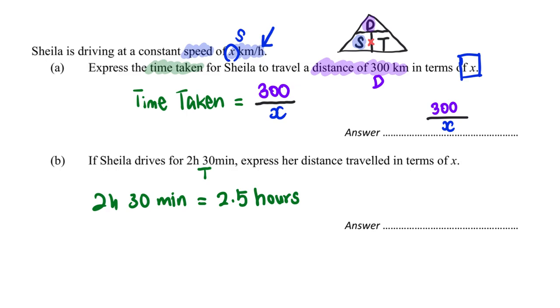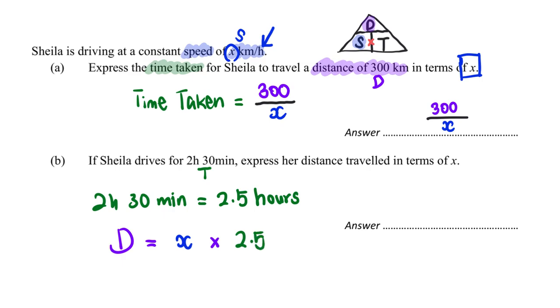And to find distance, going back to that triangle at the top, my distance traveled in this case would be speed, x, multiplied by time, 2.5 hours.